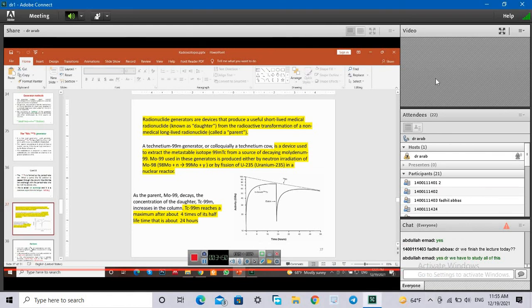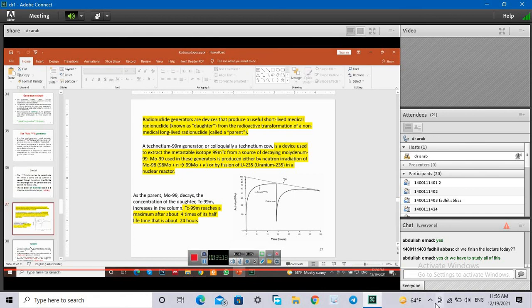As said in this slide, radionuclide generators are devices or methods that produce a useful, short-lived medical radionuclide, known as the daughter, as I said in the last slide, from the radioactive transformation of a long-lived non-medical radionuclide called the parent or mother.